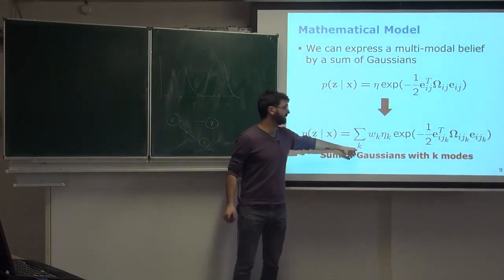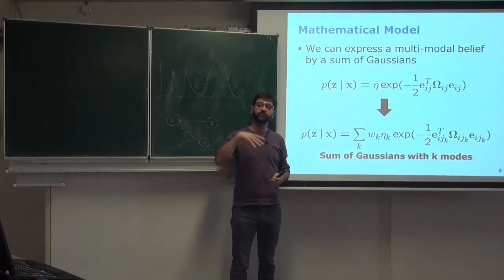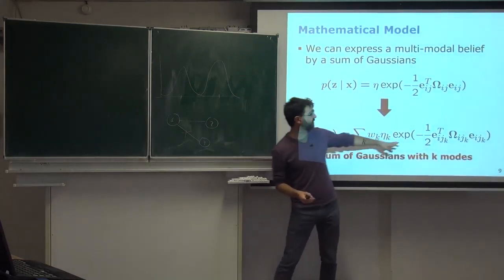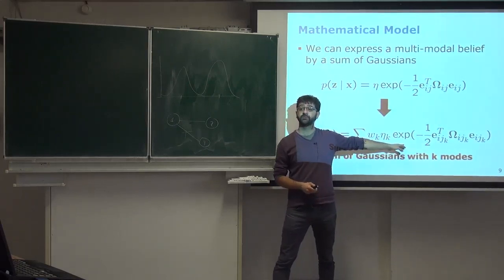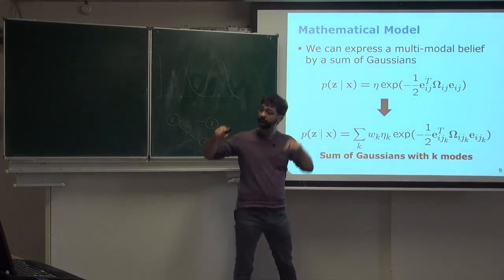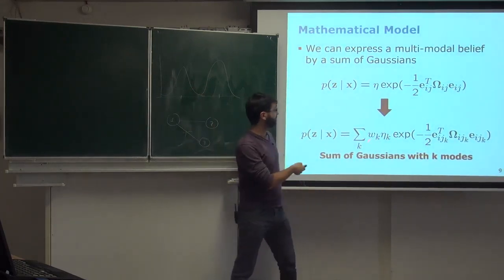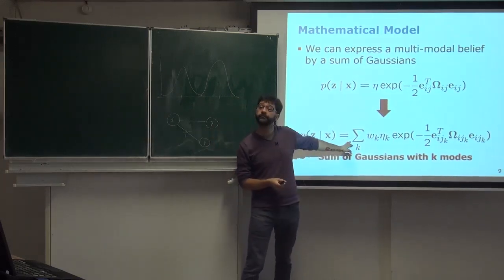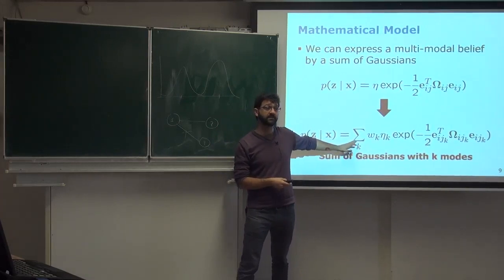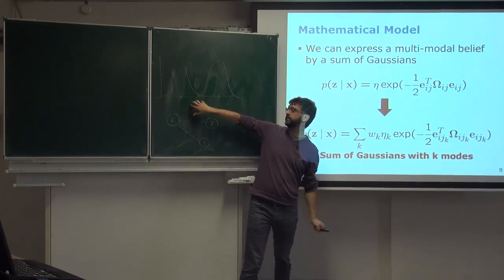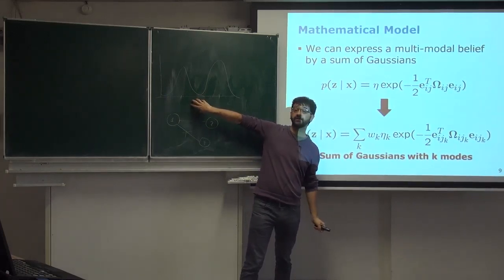If you want to include multiple hypotheses, or if you want to see them as a mixture of Gaussians, we have a sum of a lot of these Gaussian distributions. Okay, so we have this exponential here, the bell curve, the one that you can see up there. There is a weight that modulates how likely one mode is with respect to another, and then we sum them up. Okay? So that's how we do a mixture of Gaussians. That's a mathematical way of depicting a distribution that looks like that. Okay?